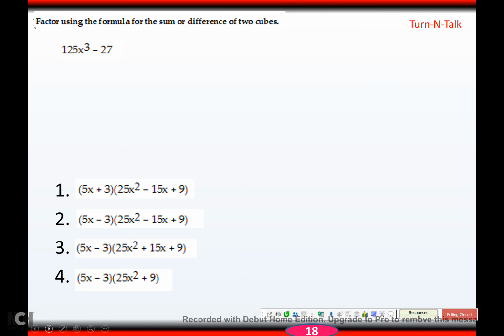All right, you try this one. Hit pause, come back when you're ready. And hopefully you got it. If you did not, check your cubes. The cube root of 125x cubed is 5x. The cube root of 27 is 3.